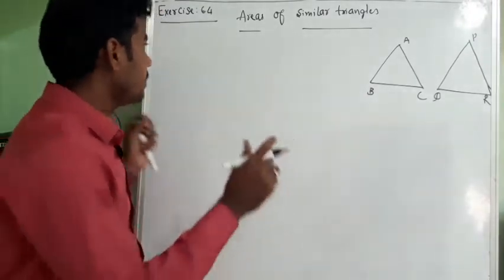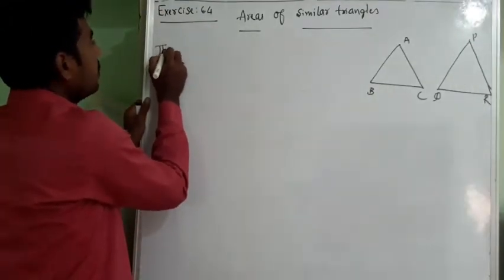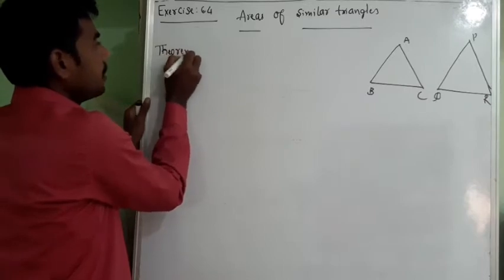So here there is a theorem on areas of similar triangles. What does the theorem state?